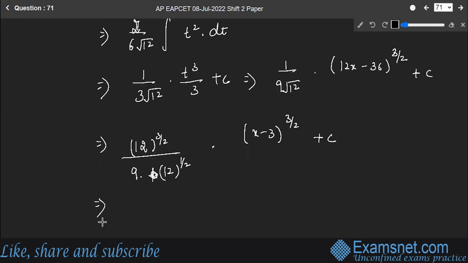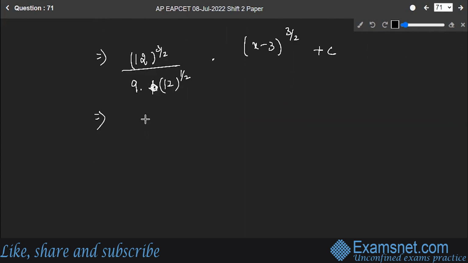So this will be equal to 12 upon 9, which is equal to 4 upon 3 into x minus 3 raised to power 3 by 2 plus c. This is the case when x is greater than 6, right?